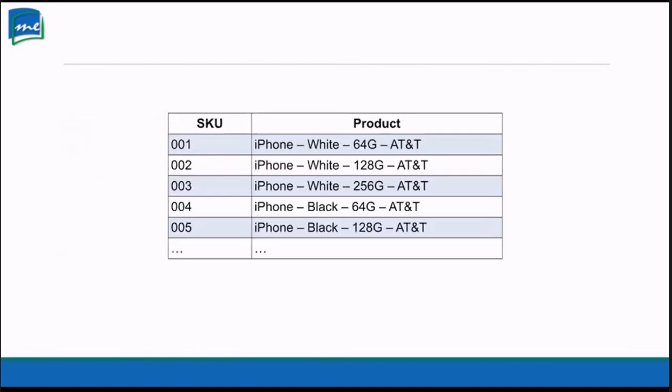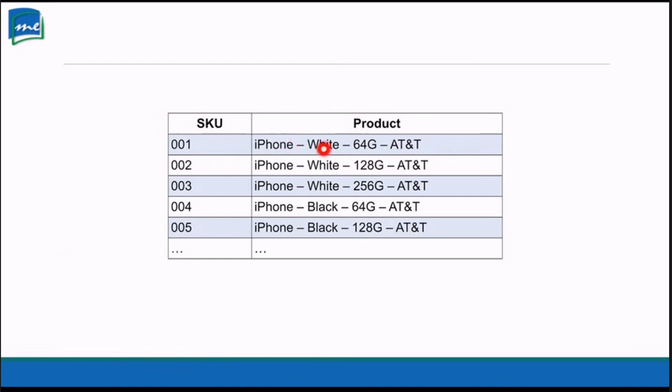So what is SKU? We use a number or a code to represent a specific item. If it's an iPhone in white with 64 GB with the carrier AT&T, we use one number to represent it.